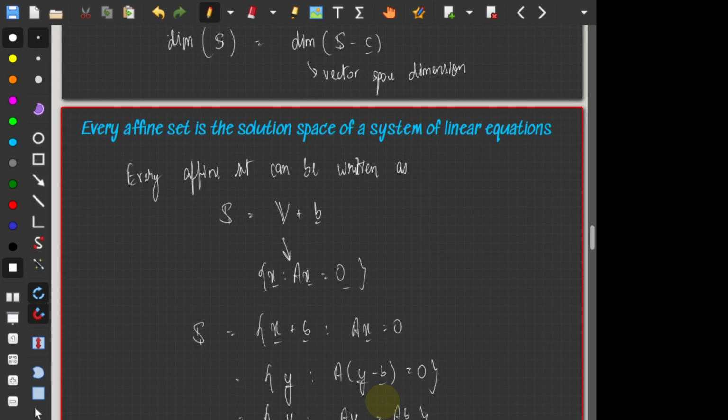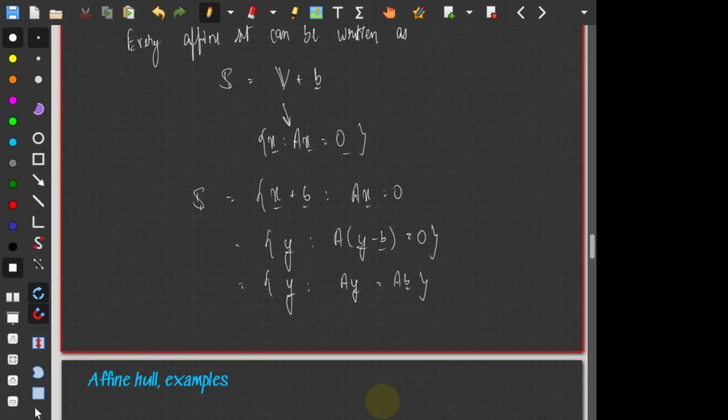But AY and AB could lie in some Rm, where M could be different from N. That's okay. Because in principle, it doesn't matter because all we're interested in is the right null space. So as long as the dimensions match, the number of rows doesn't really matter, if you think about it. Any questions? Okay.